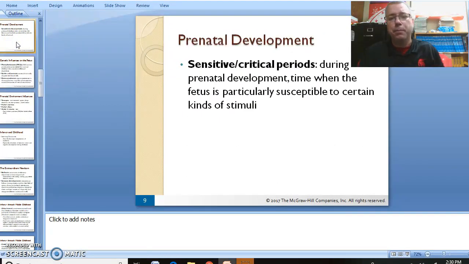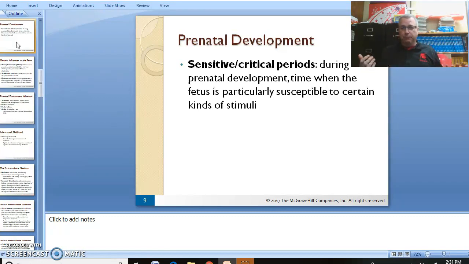Okay, we have critical periods, like during the embryonic stage, and when the embryo and the fetus are taking nutrients from mom, mom has to be careful about what she's ingesting and exposing herself to.